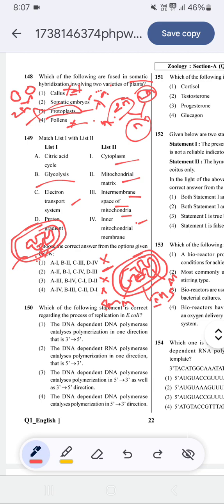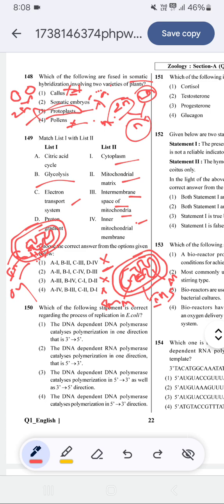So again they need to go. See, this is the outer membrane, this is the inner membrane. The F0 F1 system will be present here.